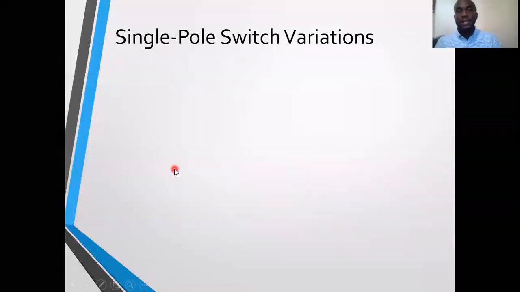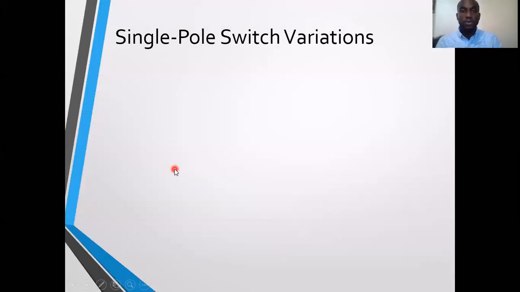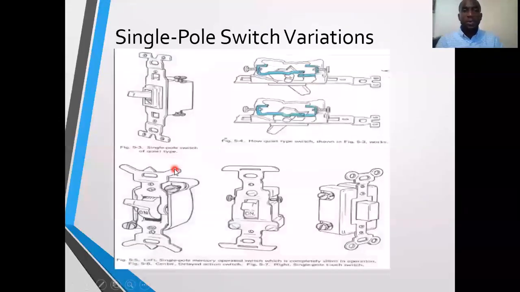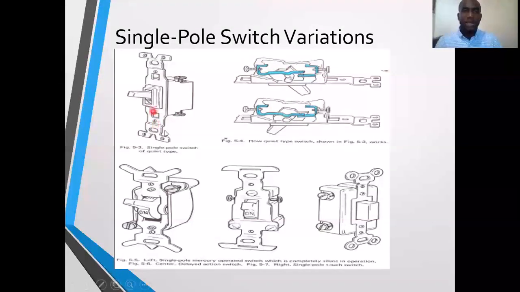Now we will look at different types or variations of single pole switches. So the single pole switch will come in the quiet type. As you can see here, this is a quiet type switch, meaning when you turn it on or off, it is silent.